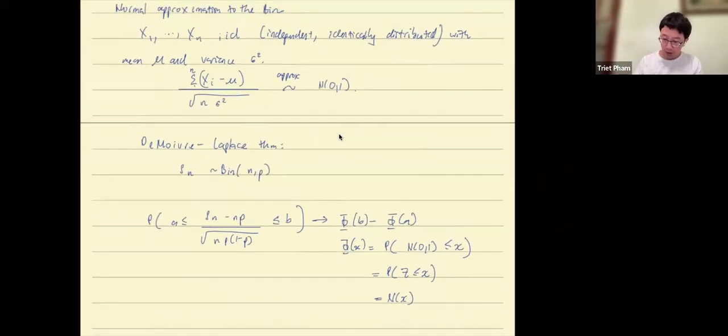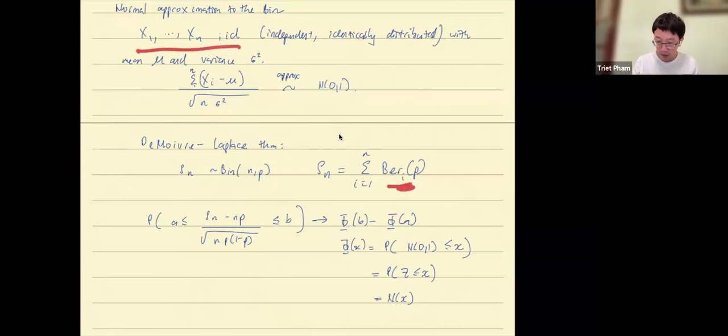So let's see that this is just a particular case of that. Why so? Because if you have binomial(n, p), then Sn is really the sum of n independent Bernoulli(p), correct? So each of the xi here is a Bernoulli in this case.